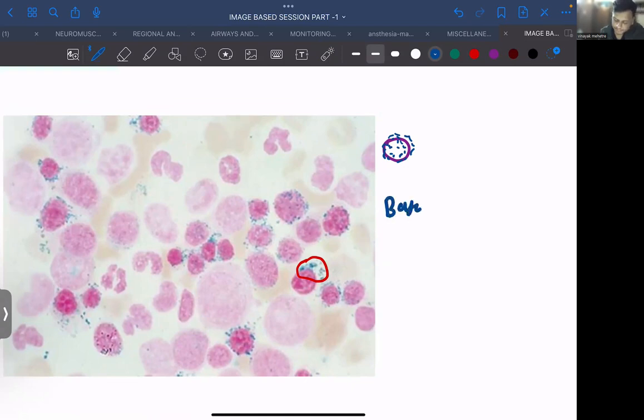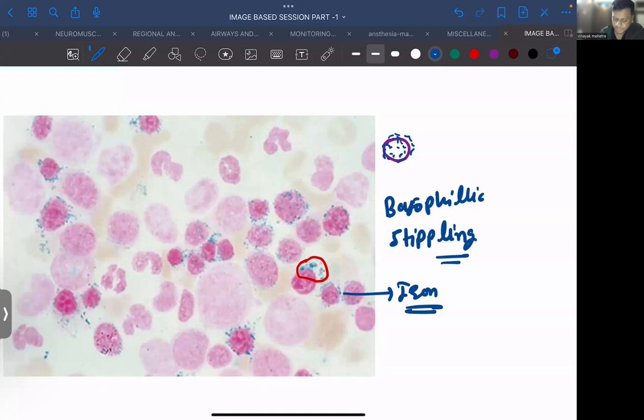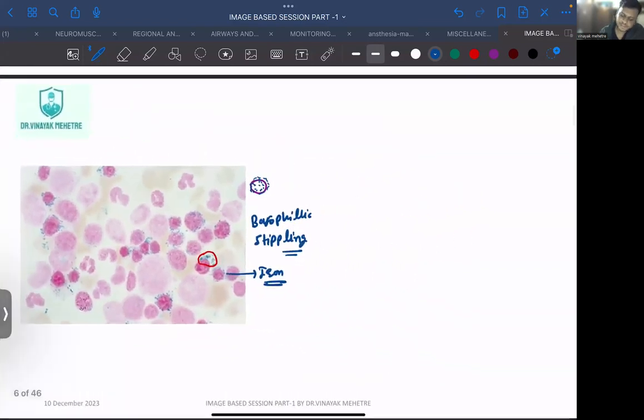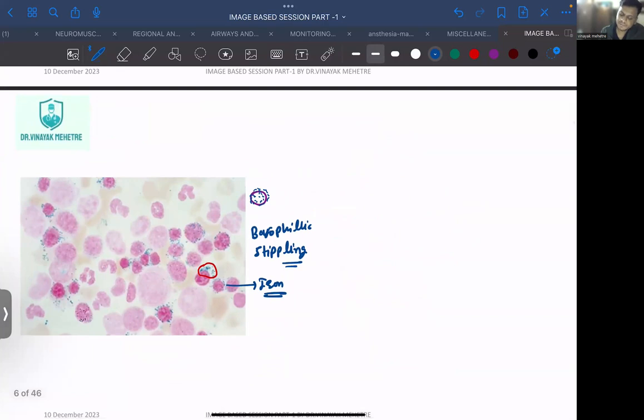क्या बोलेंगे हम इसे? Actually it is a deposition of iron. क्या deposit हुआ है? Iron has been deposited. In which condition do we see iron deposition or basophilic stippling?